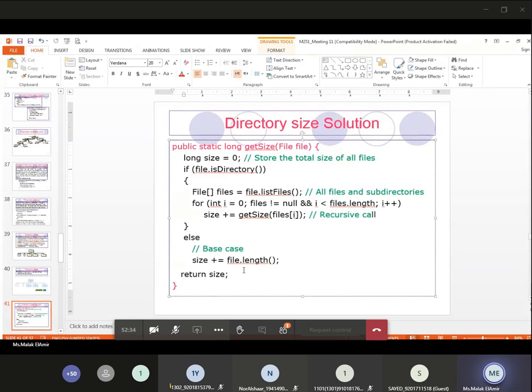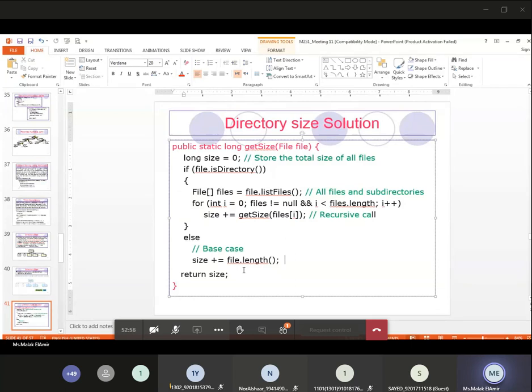So I have to go through all files, start to ask each file, what is your size, and calculate it. And I'm going to put them in an array of files, like we did with an array of buttons in graphical user interface, I'm writing an array of files. Okay?